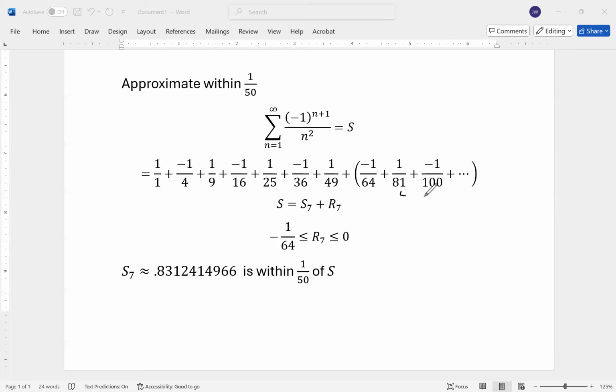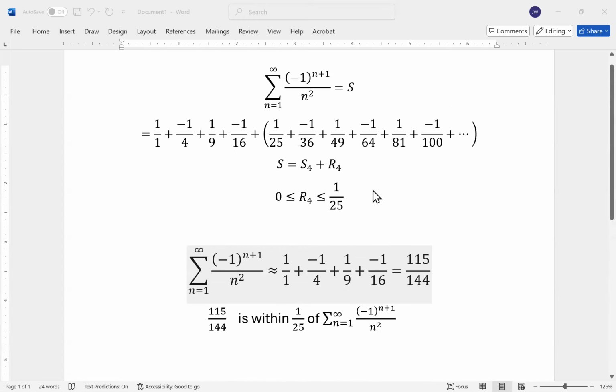And then if you pair terms 2 and 3, 4 and 5, we can see that the remainder is in absolute value at most the absolute value of this lead term. So it's bounded by the value of the lead term and zero. And that was the case up here as well. It's bounded by the lead term, 1 over 25, and 0.